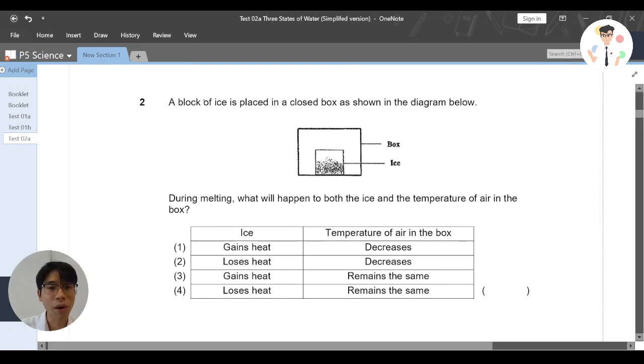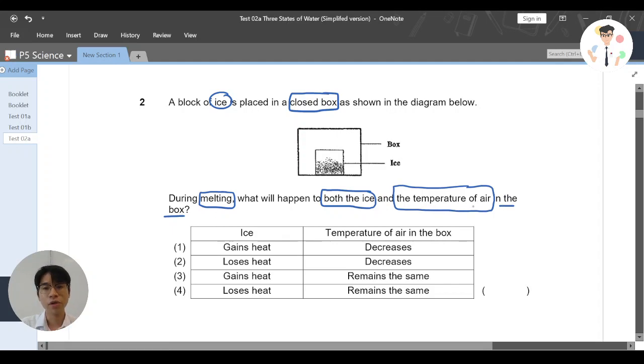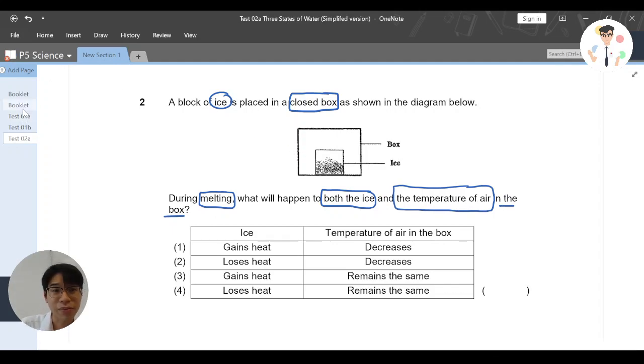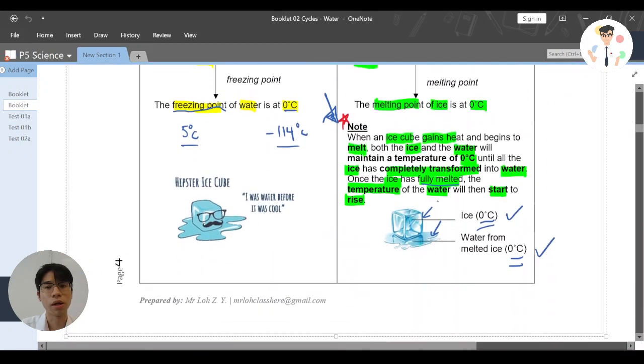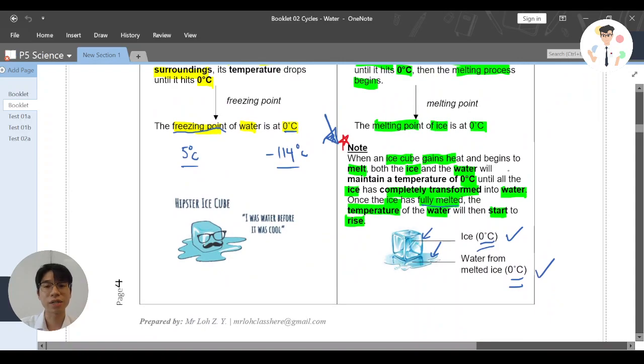Question number 2 says that a block of ice, you can see the ice, is placed in a closed box, as shown in the diagram below. During melting, what will happen to both the ice and the temperature of the air in the box? Can you see the word 'in the box'? Okay. So now, the first thing you should understand for this question is, you can turn to your booklet number 2. And you notice that I have already mentioned many times, when an ice cube is melting, what happens?